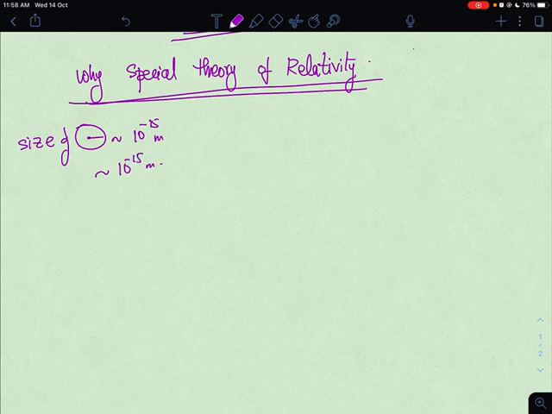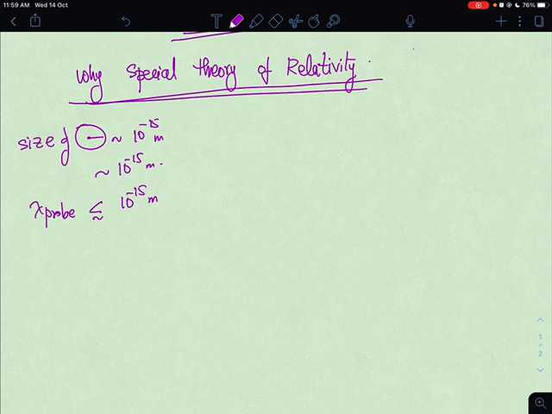If you want to probe this through some photon or some other matter wavelength, the wavelength of this probe, lambda probe, should be of the same size or even smaller, so that it can see the substructure of it, and the frequency should be relatively higher. Because this is all within the realm of special theory of relativity.